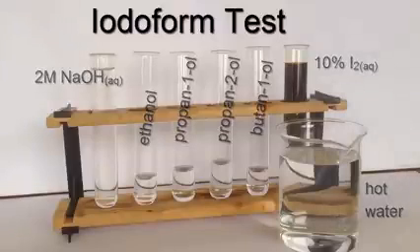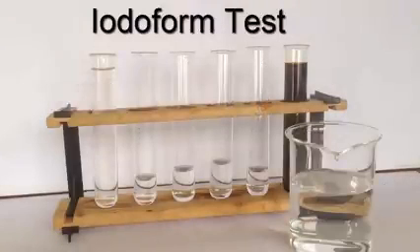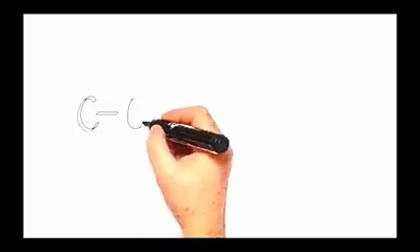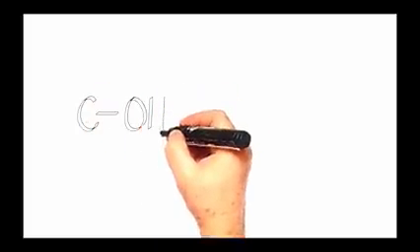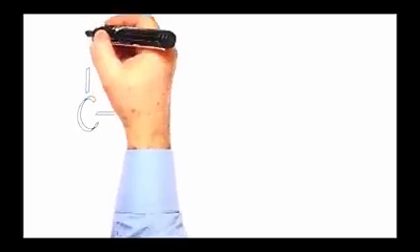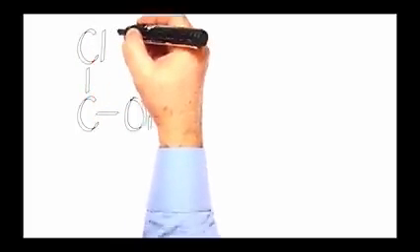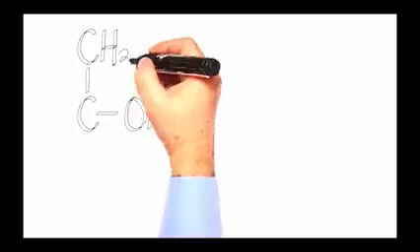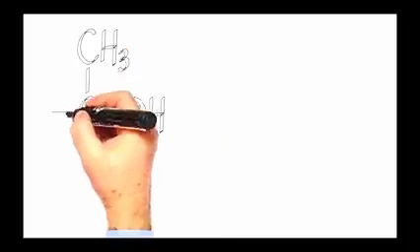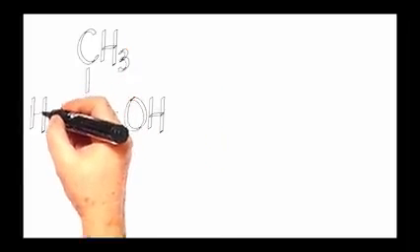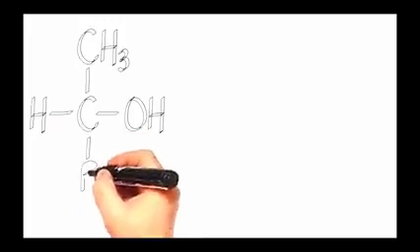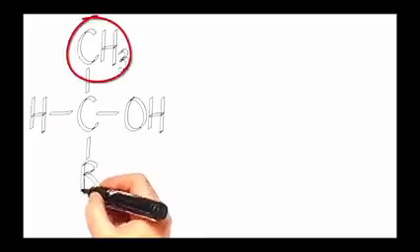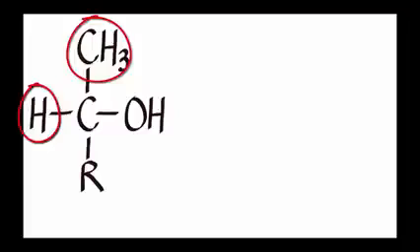Let's consider what kinds of alcohols give a positive iodoform reaction. To give a positive iodoform reaction, we have to have a molecule that has a carbon attached to an OH and to both a methyl group and a hydrogen atom. The other group, represented by R, can be pretty much any other grouping.